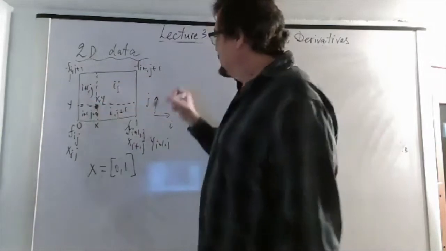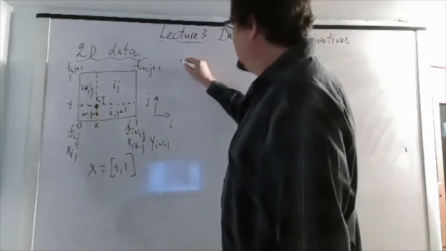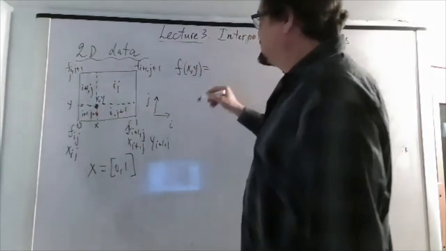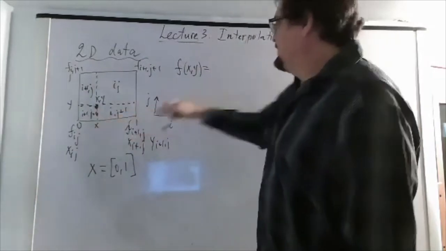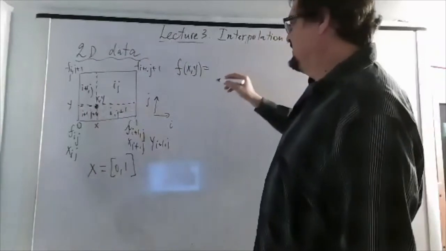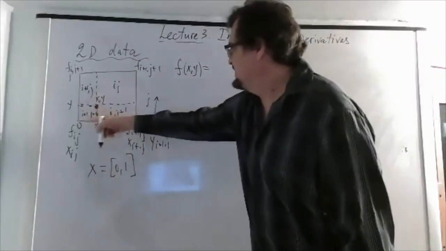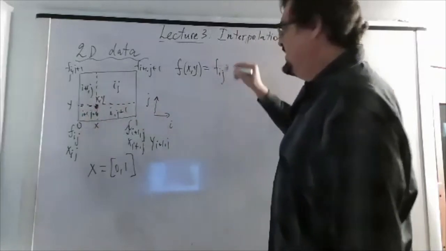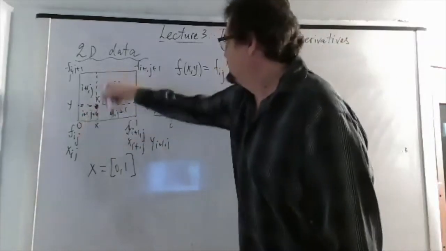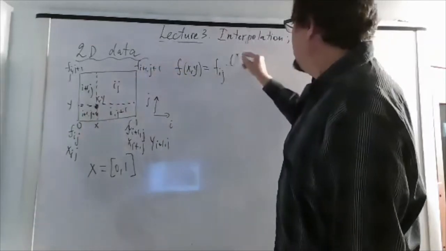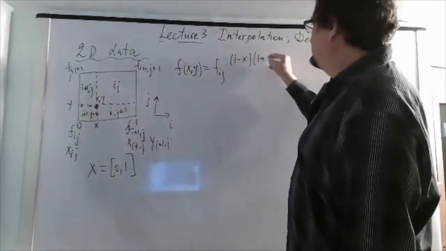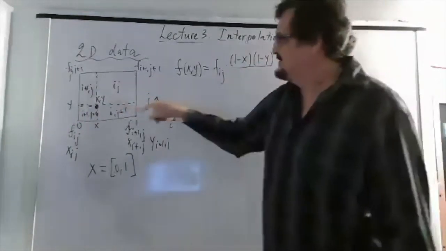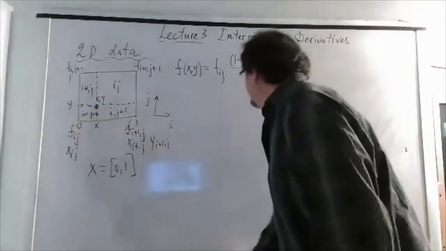So it's opposite. So the general formula is that f at coordinates x and y equals, what's this weight? To this grid point, Fij times the weight, which is this guy. So it's 1 minus x, 1 minus y, divided by 1, which is the whole area, so we don't even write it.